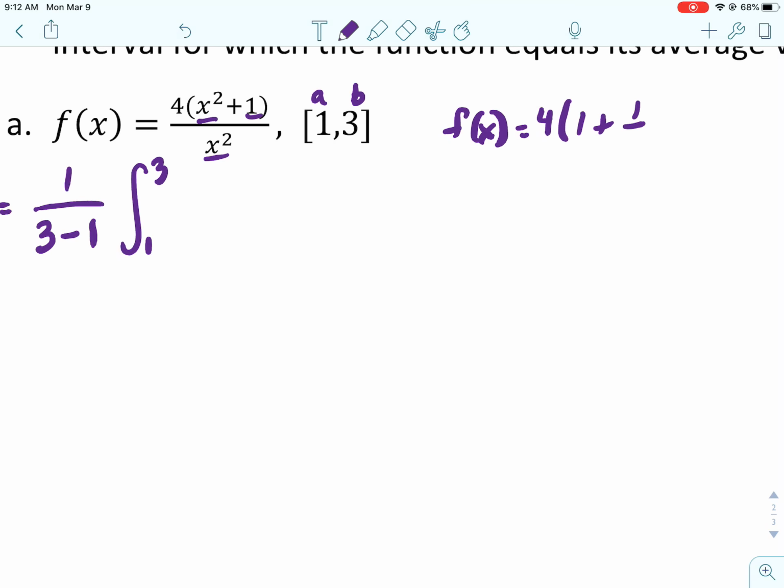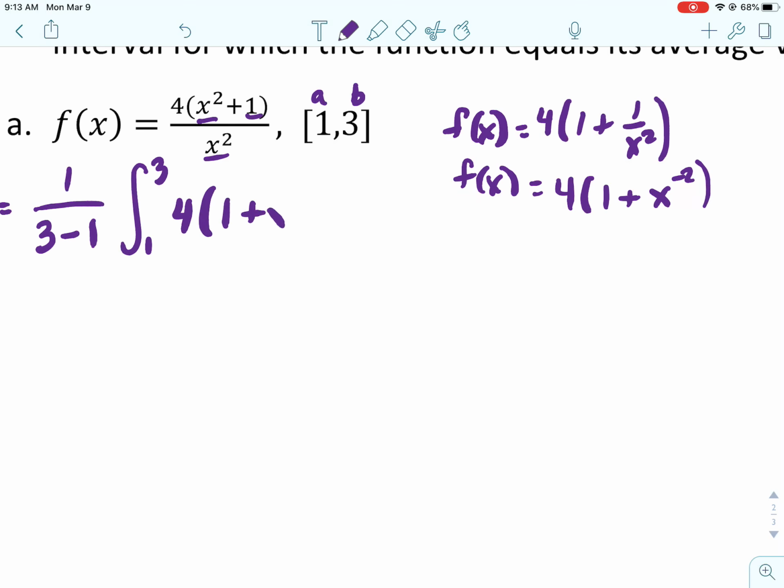So x squared divided by x squared is 1. 1 over x squared is 1 over x squared. And then how do I write 1 over x squared if I want to find the integral? Good, x to the negative 2. All right, that's what I'm going to use as my integrand.